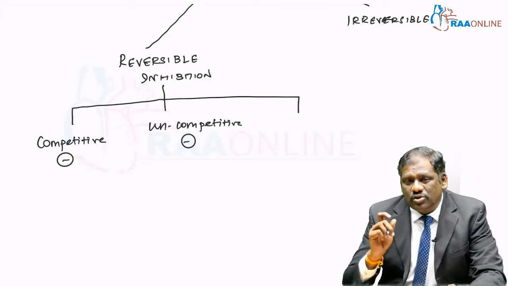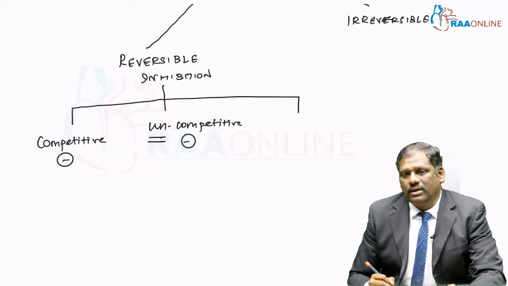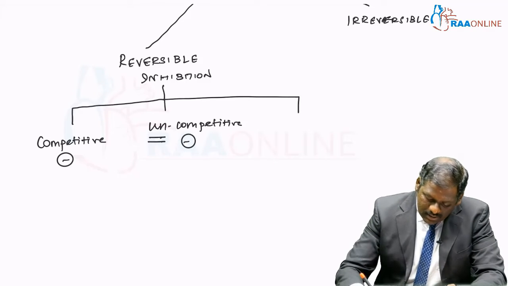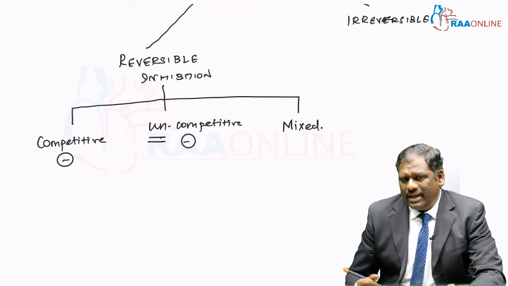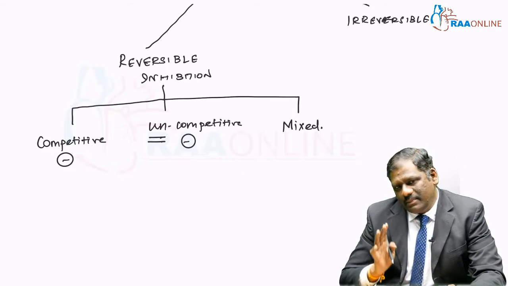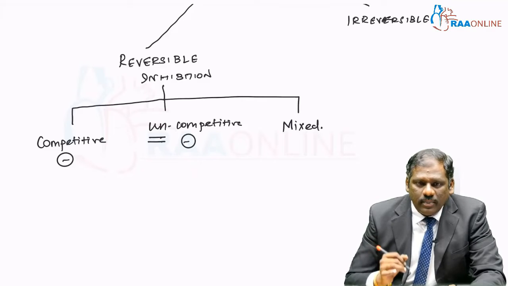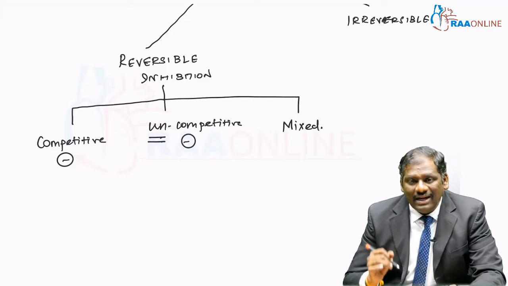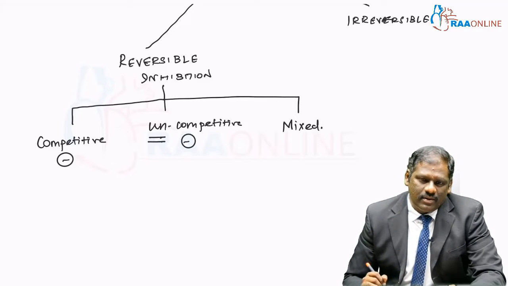Remember the name, this is not non-competitive inhibition, this is uncompetitive inhibition. The third one is mixed inhibition. So reversible inhibition can be subclassified into three major types: competitive inhibition, uncompetitive inhibition, and mixed inhibition.